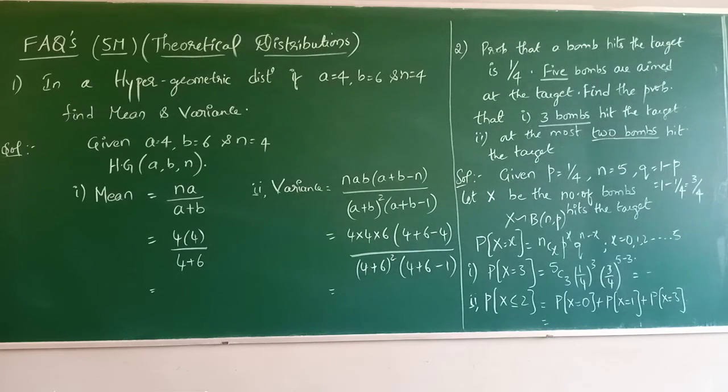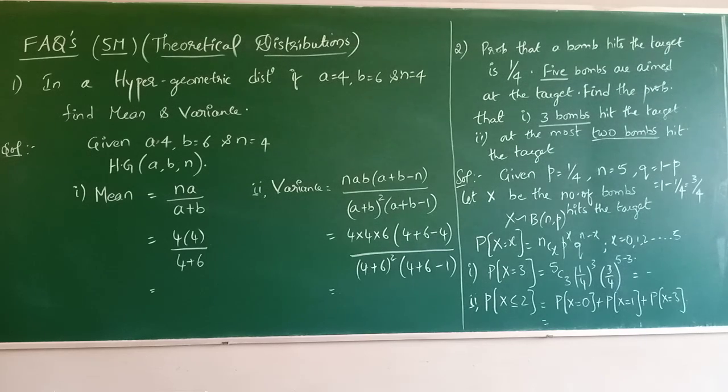Therefore, let X be the number of bombs hitting the target, which follows the binomial distribution with parameters N comma P. So the N value we got, the P value we got, as well as Q, which is 1 minus P: 1 minus 1 by 4 is 3 by 4. So N, P, Q, all 3 are known. Then X follows the binomial distribution.